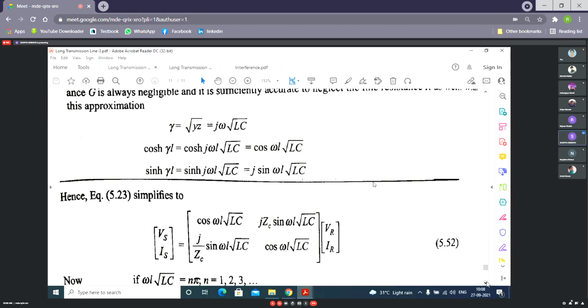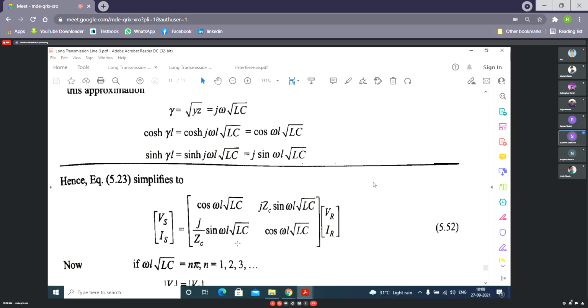Okay. So let us consider that omega L root over LC, which every term contains, is equal to n pi, where n is an integer, 1, 2, 3, etc. So if omega L root over LC becomes n pi, you can understand that all the sine terms will be 0.